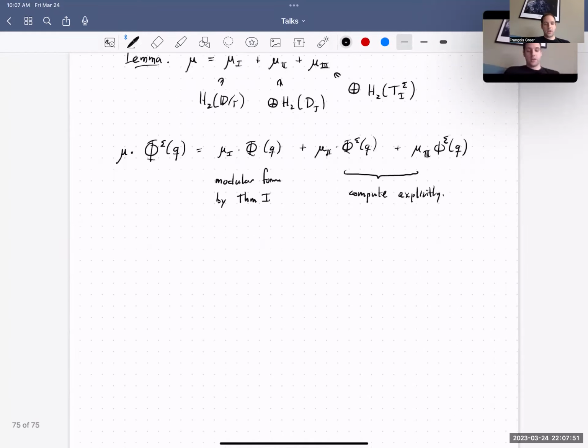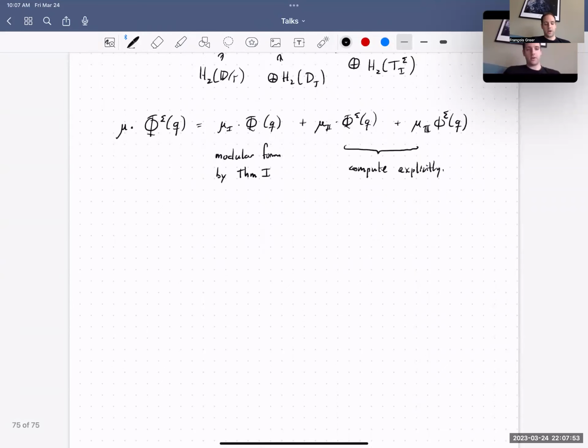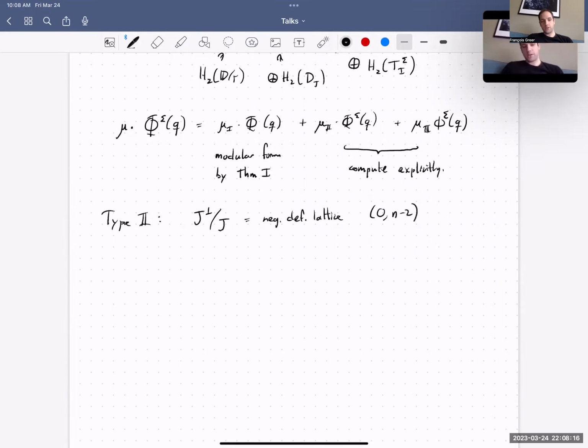So let me just go ahead and do that now. I need to tell you a little bit about what the boundary looks like. So in type 2, remember the components of the boundary in type 2 are indexed by these J's, which are rank 2 isotropics. So if you look at the numerics, J perp mod J will be a negative definite lattice, signature 0, n minus 2.